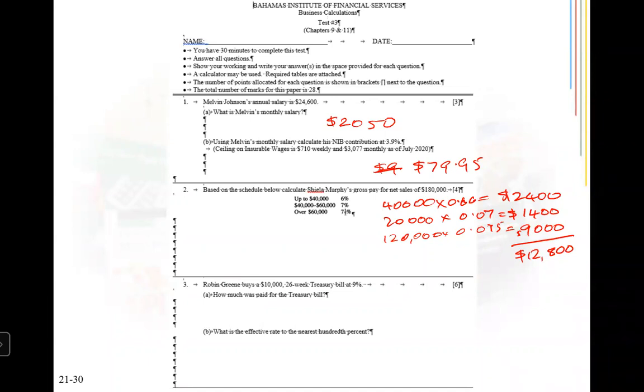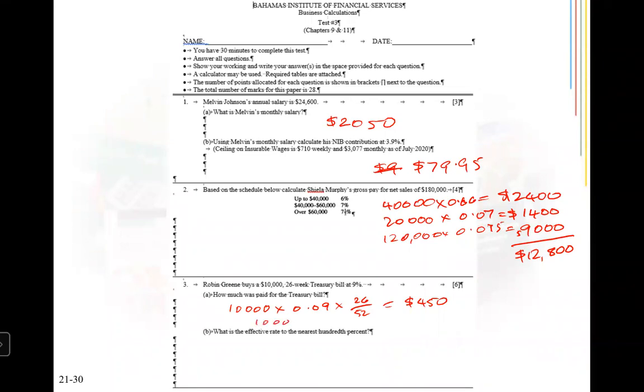All right, the next one talks about Treasury Bill. So if you're going to do 10,000 times 0.09 times 26 over 52 equals $450. And then you're going to take away the 450 from the 10,000.